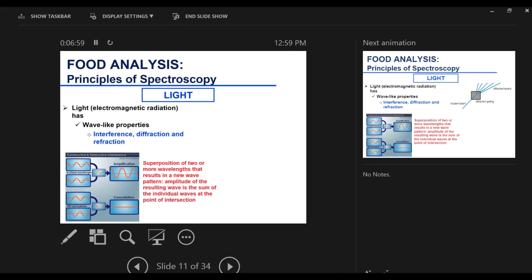Okay, so here what it means, interference, when you have two different waves in space, and they interfere with each other. They cross paths. So when they cross paths in a manner that they are in phase, that means they align, the optimum here aligns with the optimum here, and so on. Then when they interfere, when they cross path in space, they amplify.